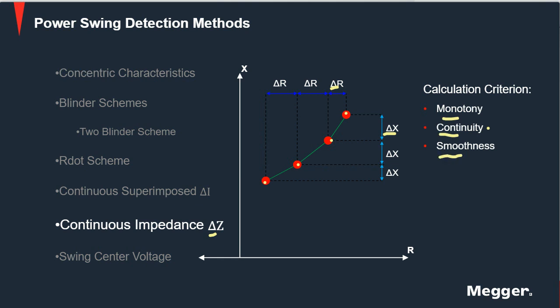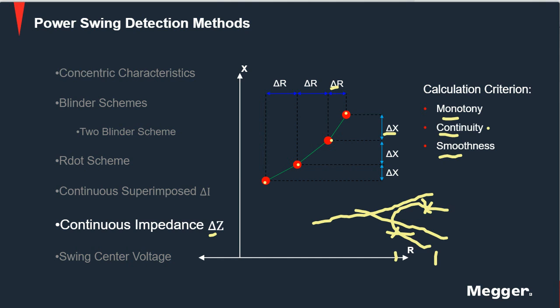Monotony ensures that the direction of movement has not changed, by checking dR and dX. If you're moving in this direction or in this direction, that's a monotone movement, so you're always moving in the same direction, either in or out. But if I measure in this point and then in this point, the resistance will change from less to more when it should have changed from more to less. So it's no longer a monotone movement.